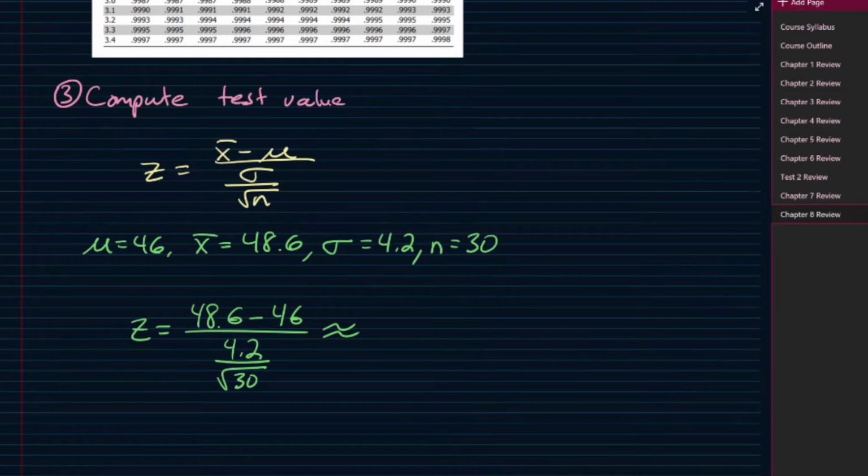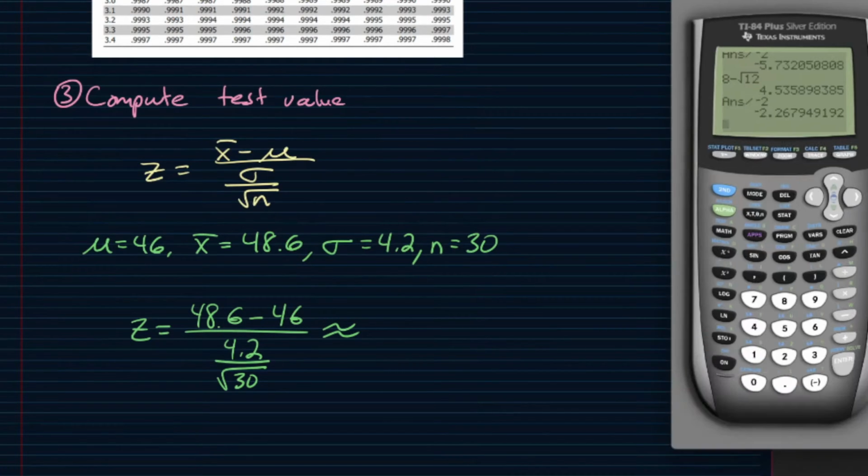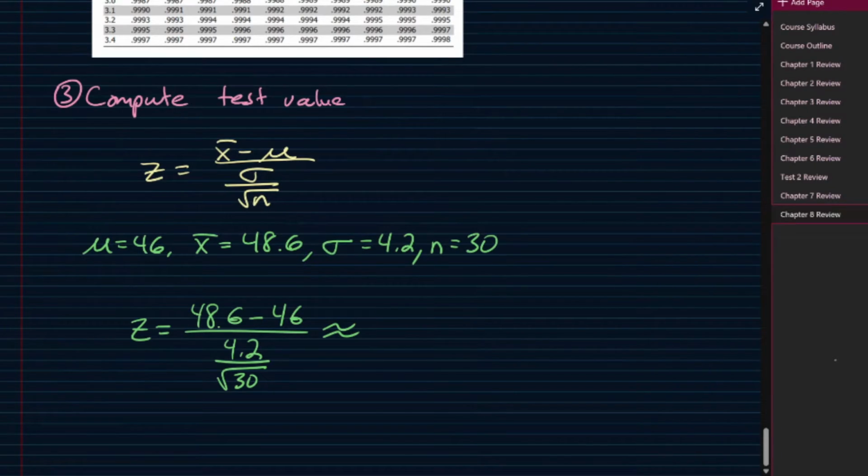I'll round it to 2 decimals because generally that's how many decimals we go to for z-scores. So the numerator 48.6 minus 46 divided by the denominator, that's 4.2 divided by square root of 30. We end up getting approximately 3.39.